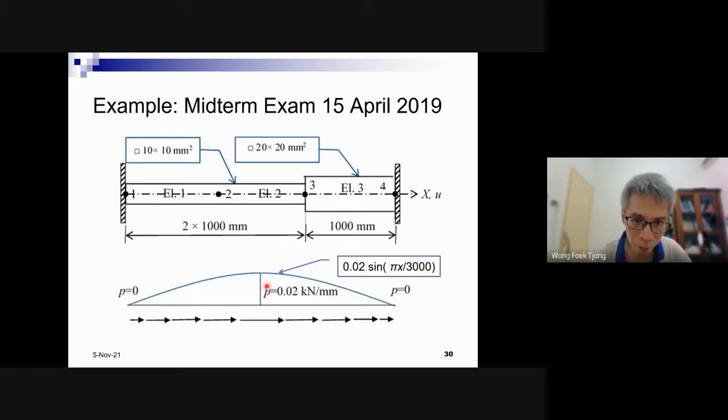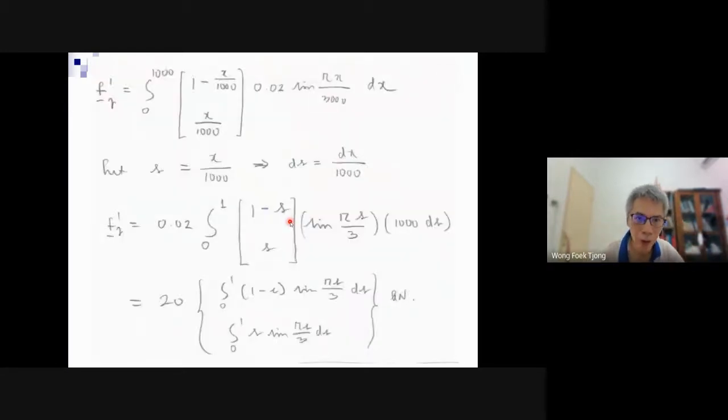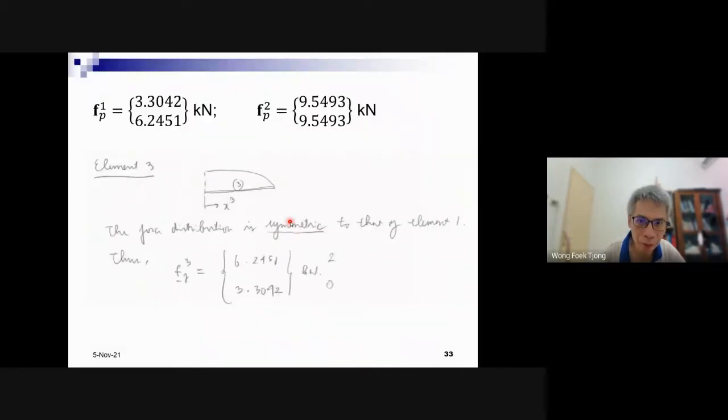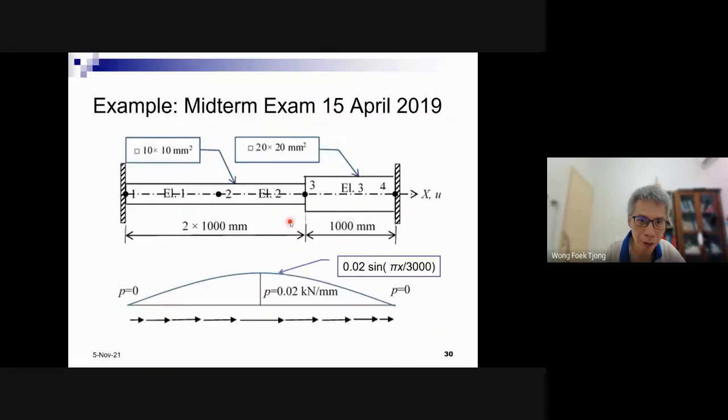The distribution of the load is like this, okay? The largest intensity is located here, and it gets smaller and smaller.